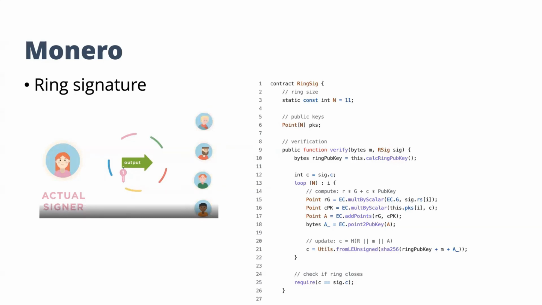And you also have a more advanced version, which is called Tornado Cash. So they also have a mixer. The thing is, the ring can be dynamic. Anybody who sends ether into the Tornado Cash smart contract joins the ring. It's dynamic.